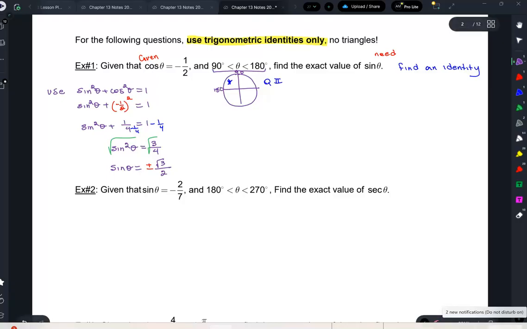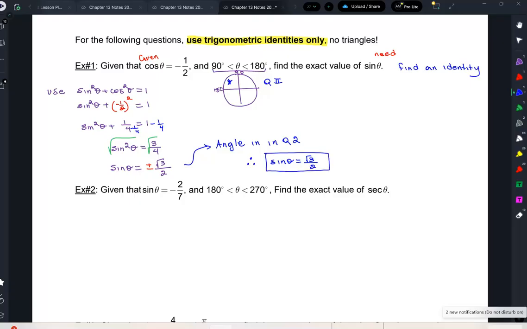So, good. So now, angle is in quadrant 2, therefore, those 3 dots mean therefore, right? Sine of theta is √3/2. Okay?